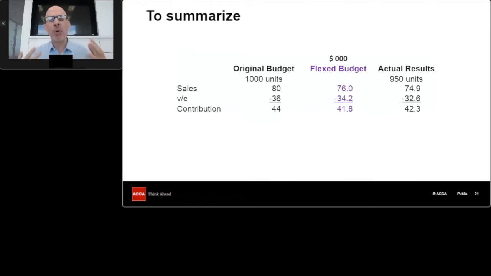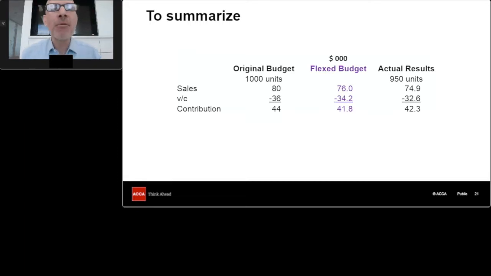I thought it was important just to go through that because that is fundamental to what we do with the rest of variance analysis. It comes up in budgeting, it comes up in performance management, it can come up in section B of your MA exam. So please really understand the importance of that flexed budget as a tool for control.